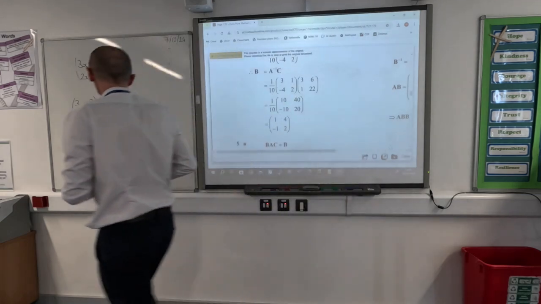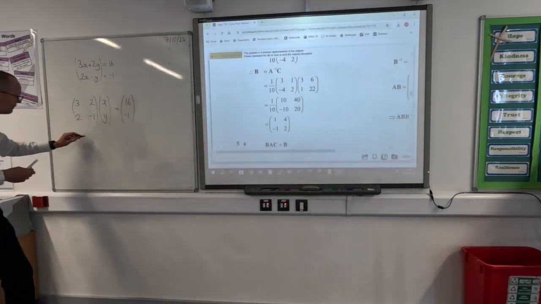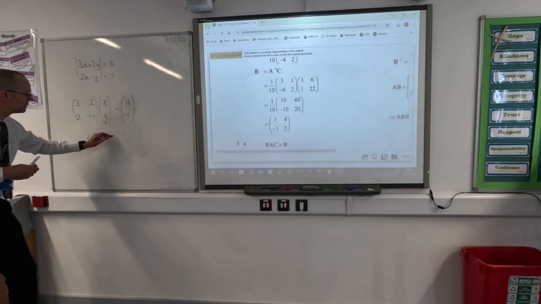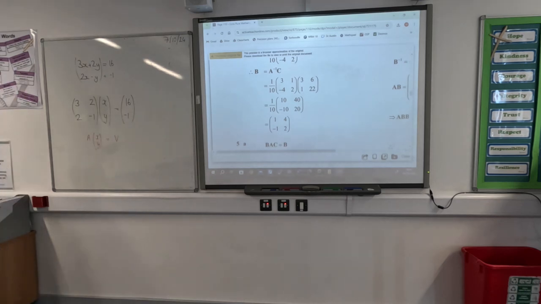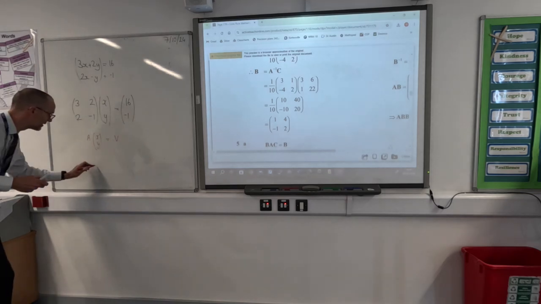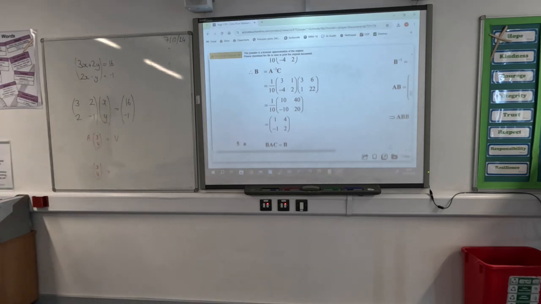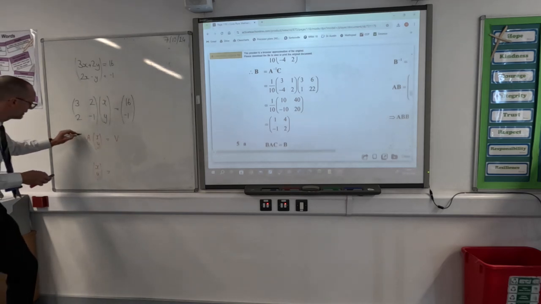So what we're effectively saying here is some matrix multiplied by (x, y) gives you some other matrix. And what I want to know is, what does (x, y) equal? I want to know what x is, and I want to know what y is. So we can do our really neat trick.